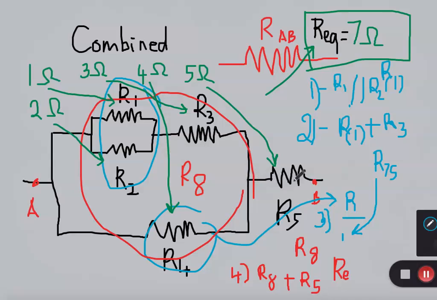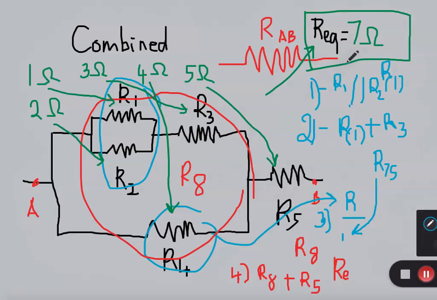If you don't get it, redo it, just go one step at a time. You may have your own path. I just draw here: I do R1 and R2 parallel, then R3 series, then the equivalent of R1, R2, R3 parallel with R4, and then the equivalent of this big circuit in series with R5.